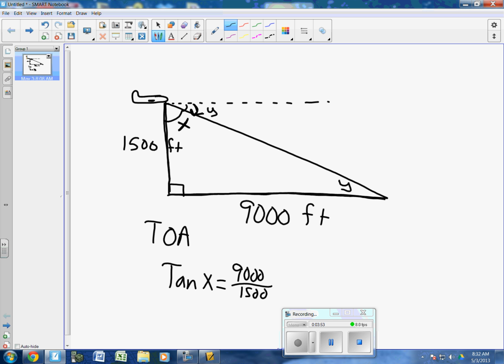Number 3: An Air Force pilot must descend 1,500 feet over a distance of 9,000 feet.